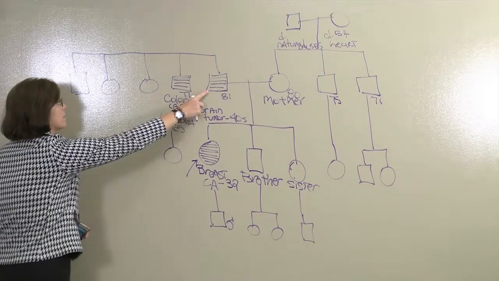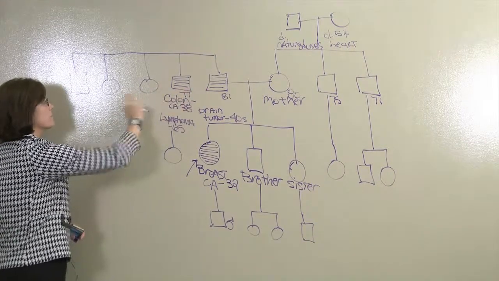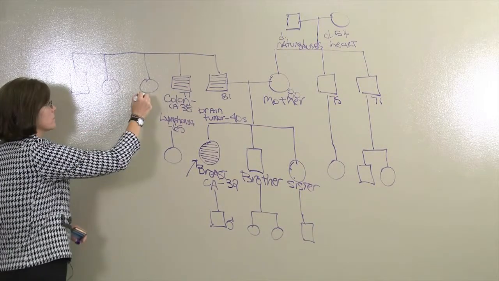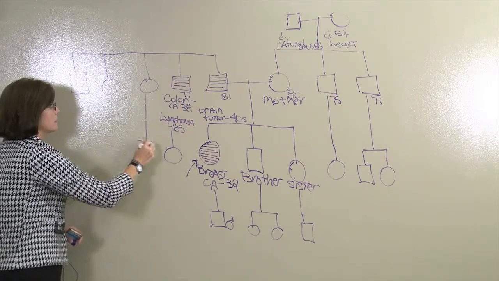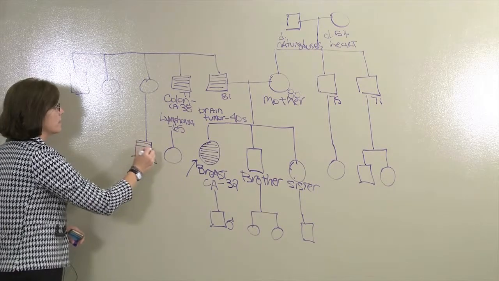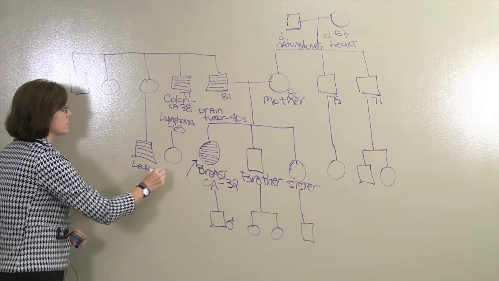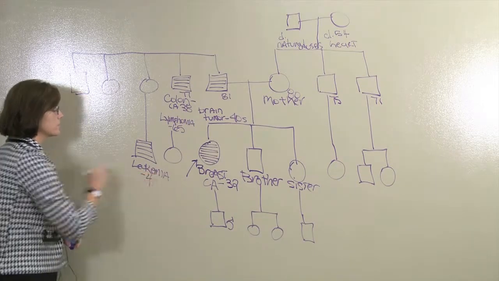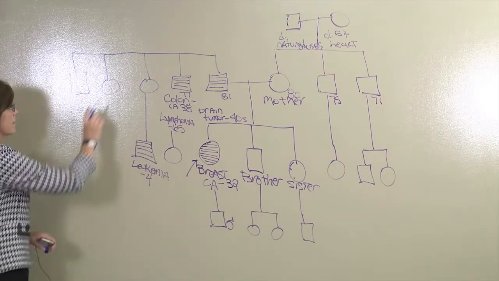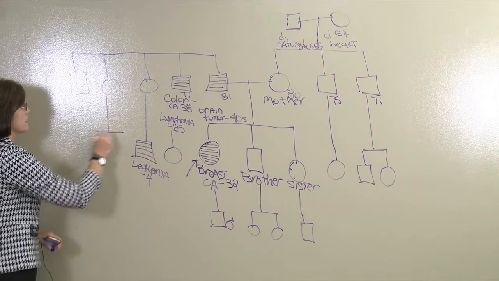Let's say her sister, her father's sister, has no cancer, and she had a son who had leukemia at a young age, let's say 4 years of age. Another sister has a son and daughter.